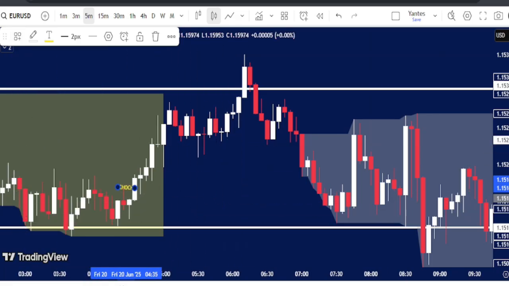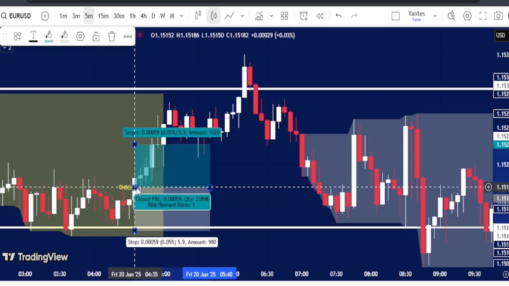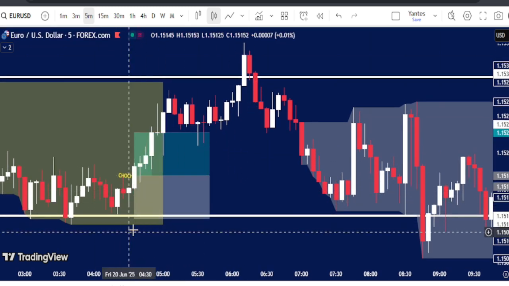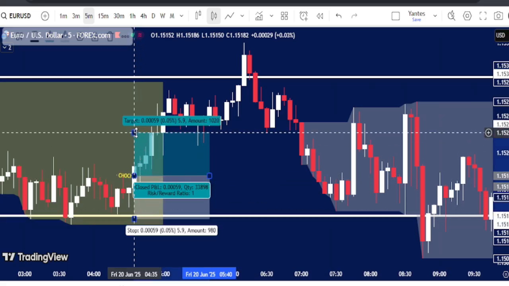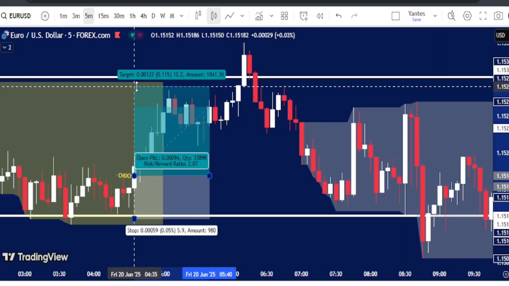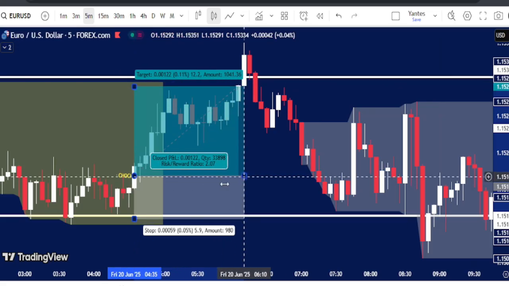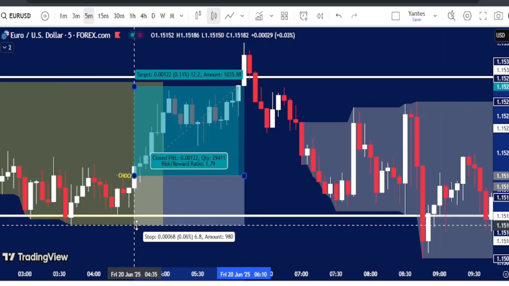So we wait for the market to retest, but we first put our limit order. Are we together? We first put our limit order with the stop at the lows on the sweep of liquidity.